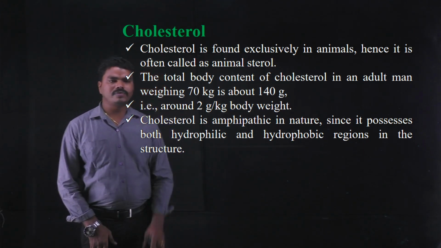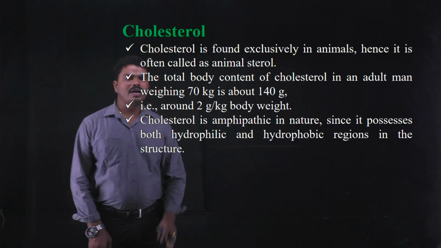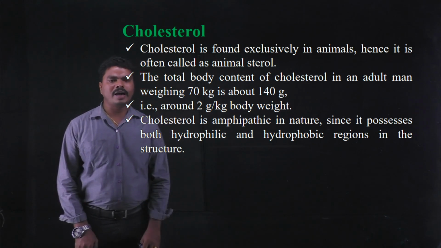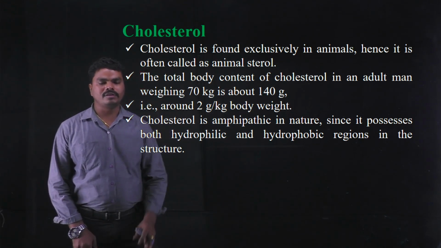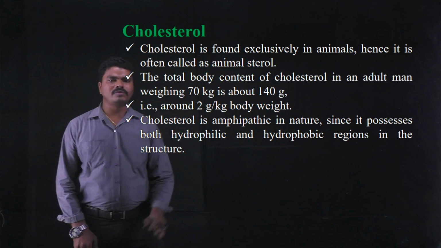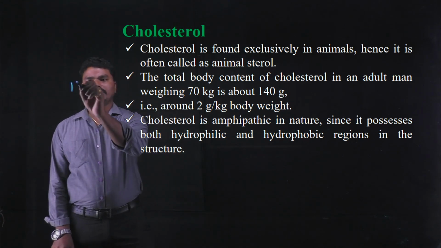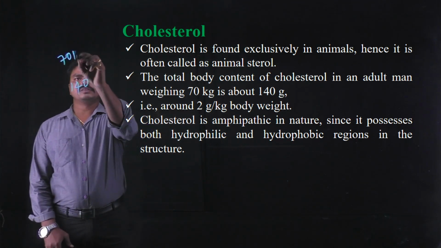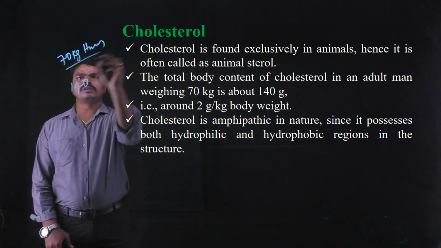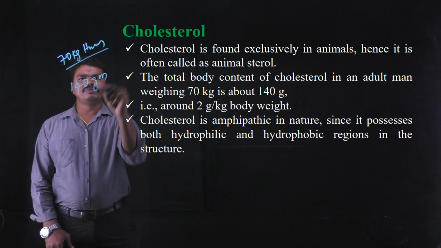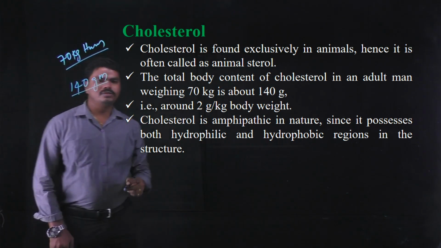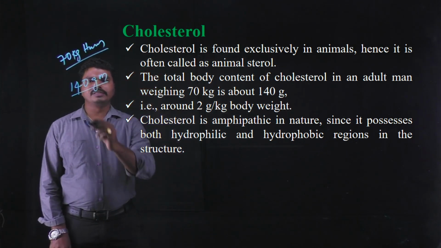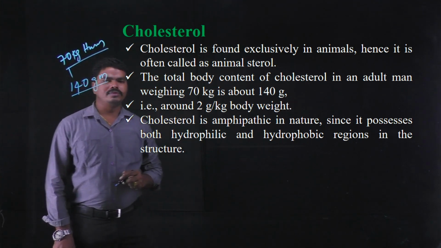The total body content of cholesterol in an adult man weighing 70 kg is about 140 grams, that is about 2 grams per kg body weight.